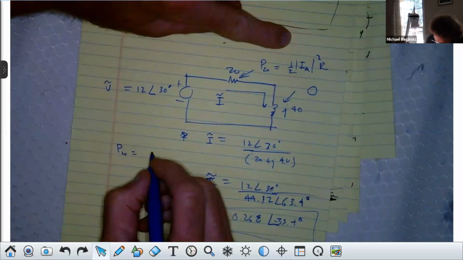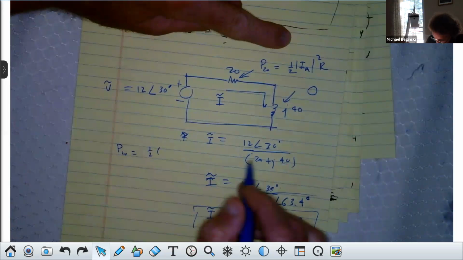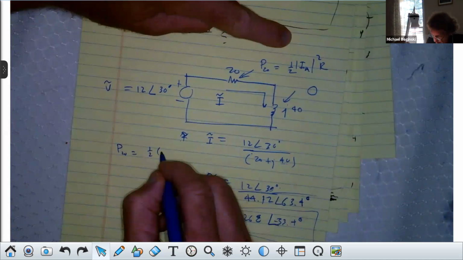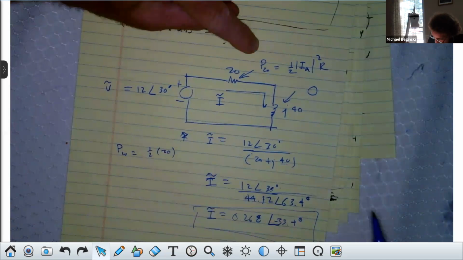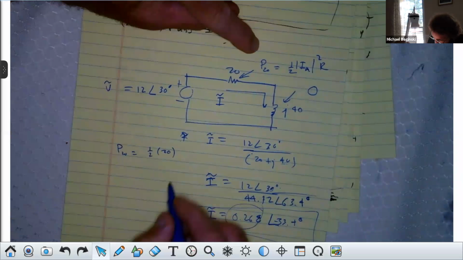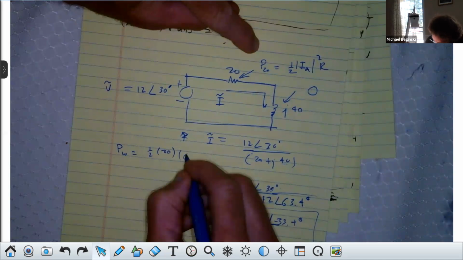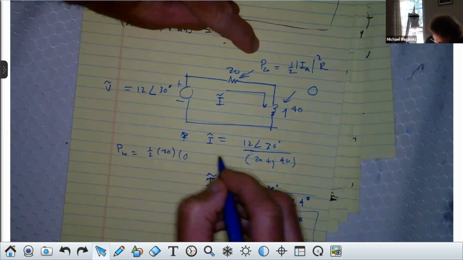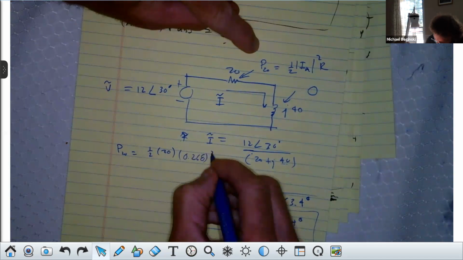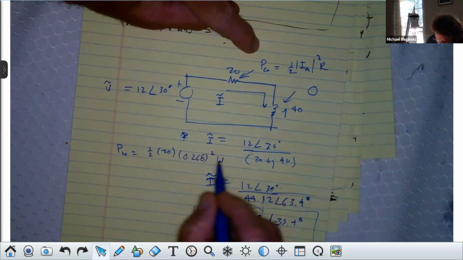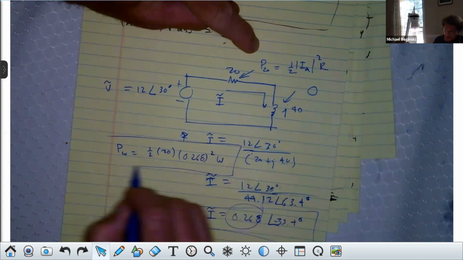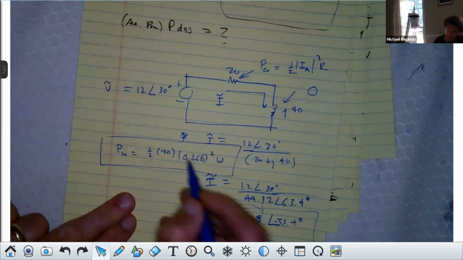Now, specifically for our case, the power dissipated by that 20 ohm will be equal to 1/2 times the resistance, 20, times I squared. Well, this is I, right? So I would take I and square it. It's a magnitude. That angle means nothing. So I take 0.268 squared. And that would be the power, and the units are watts. Now, can somebody give me that? Really, it's 10 times whatever that is squared.